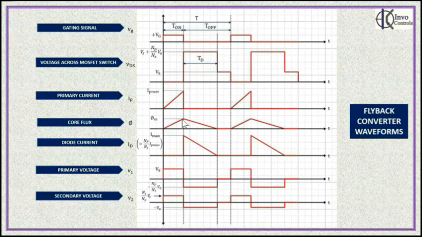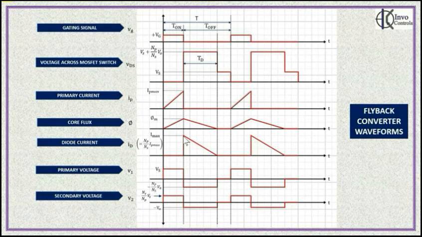And therefore, you will find that the polarity of voltages induced in the two windings have reversed. If you look at the diode current, the diode has turned on because of effective forward bias on account of voltage of proper polarity being induced in the secondary. Now this diode current you will see is I max at the instant t equal to t on.